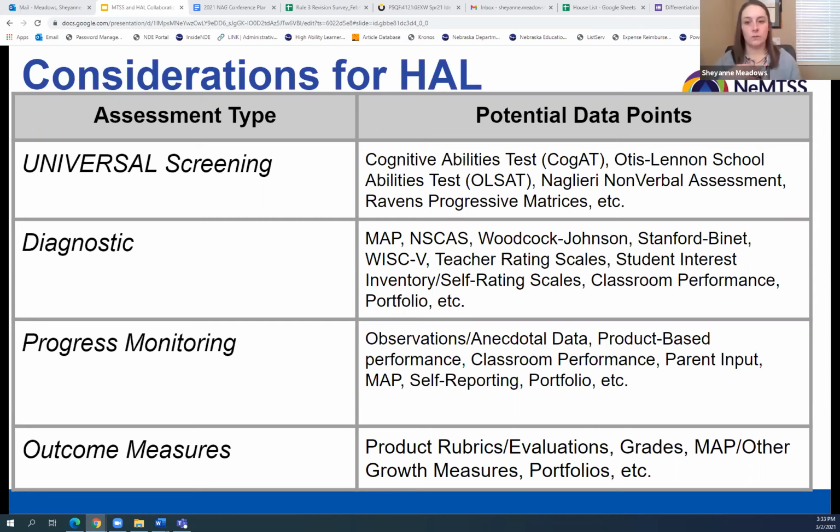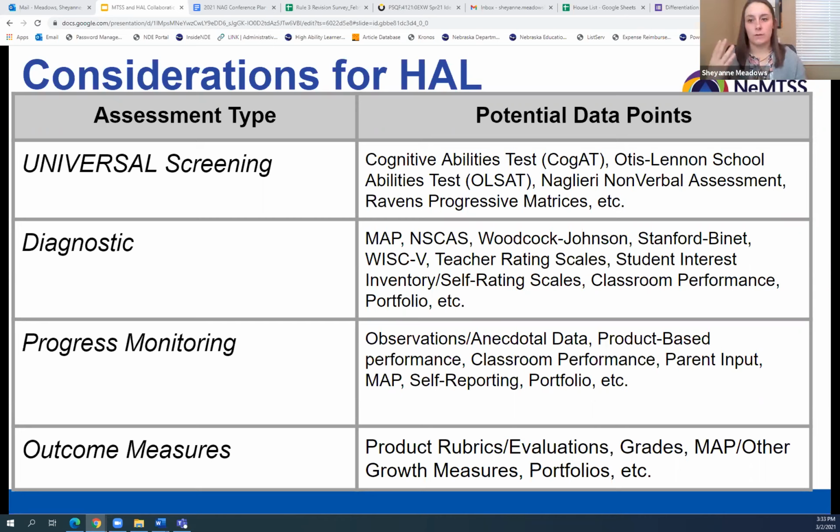So in the top, we have universal screening, which I know a lot of schools do. A lot of schools administer the COGAT. I know there are schools that do the OLSAT. The Naglieri nonverbal assessment is really popular for identifying students of non-English speaking backgrounds. The Ravens progressive matrices, etc. There are a lot of universal screeners. The COGAT is the most common, and those are used to screen at the very beginning.